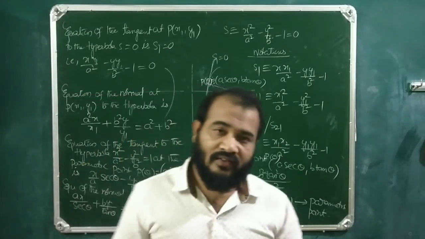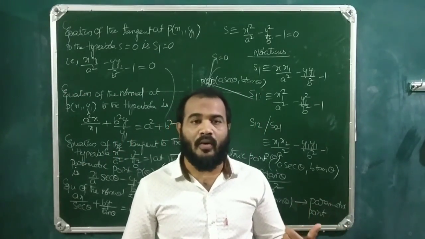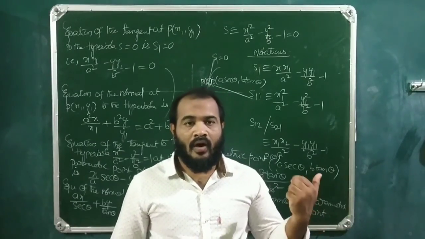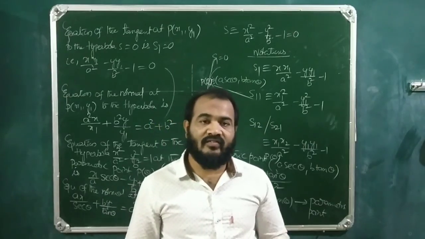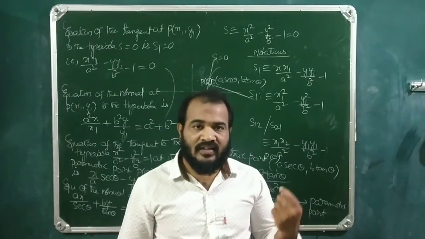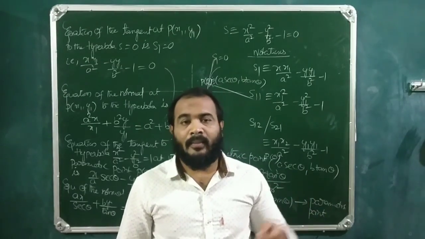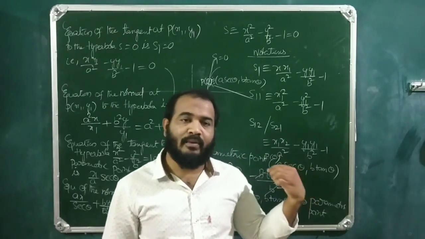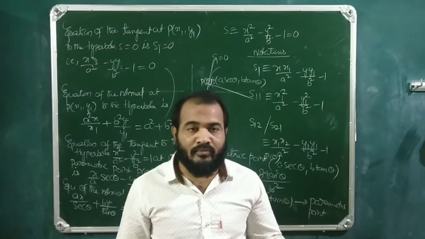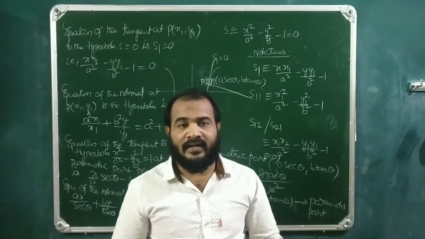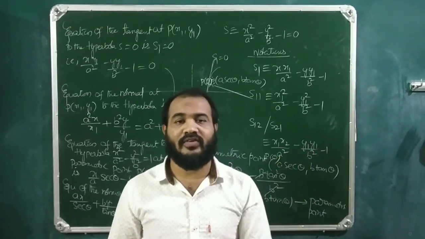Now, what is the equation of the tangent in the slope form to the ellipse x square by a square plus y square by b square equals to 1? y is equals to mx plus or minus square root of a square m square plus b square. But here in the hyperbola it is y is equals to mx plus or minus square root of a square m square, same everything, but in the place of plus b square we will be getting minus b square.